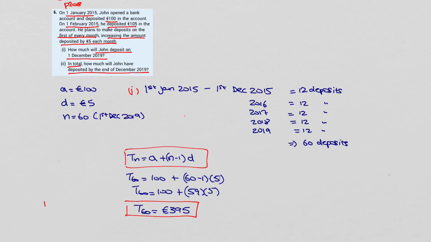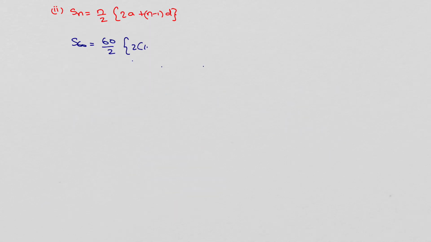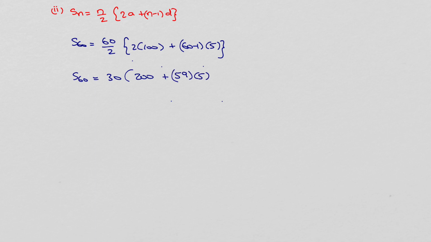A, we said, was 100 and d was 5. And therefore we get 30 times 200 plus 59 times 5. So therefore the sum of the first 60 terms is 14,850.